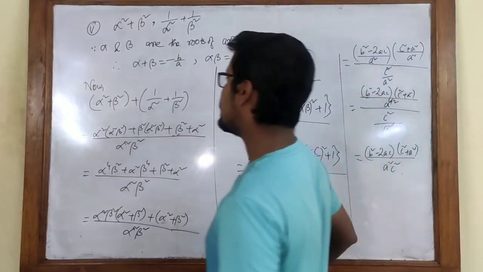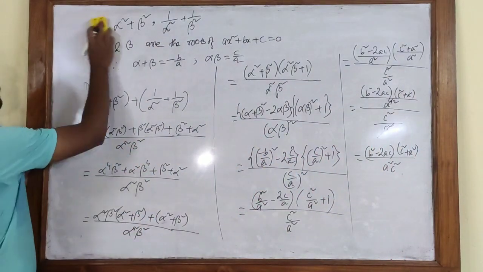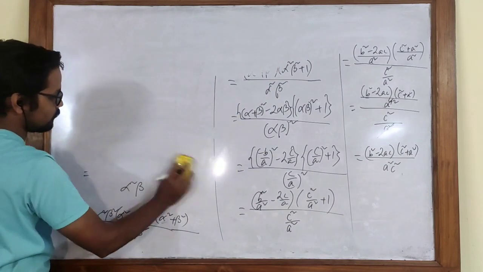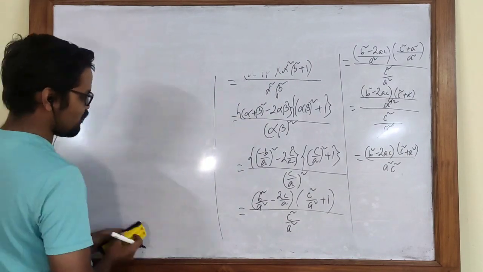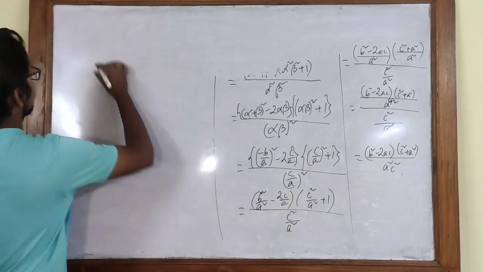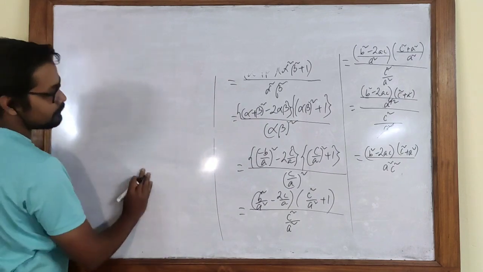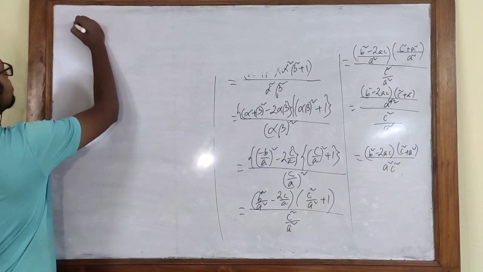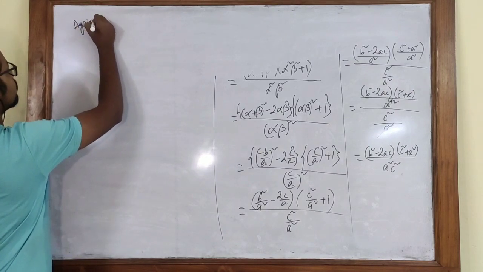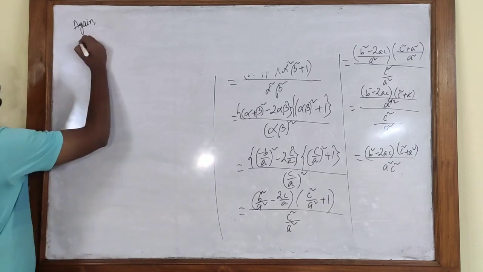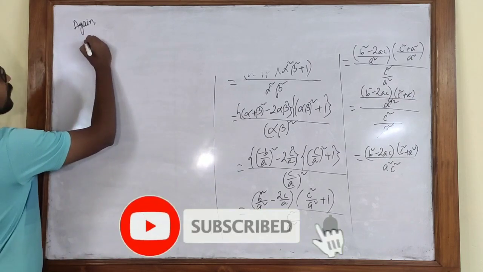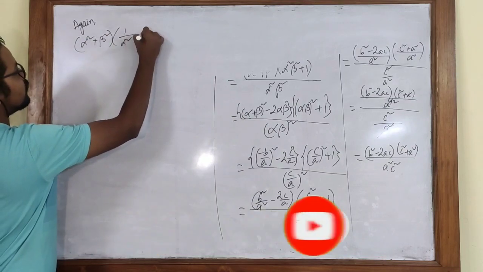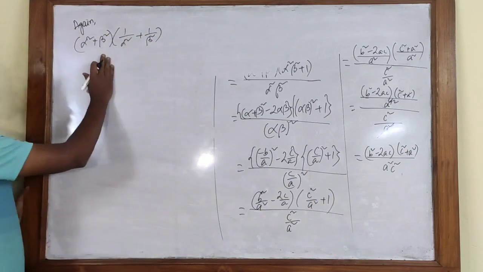Now let's try to find out the product. So let me erase this part. Okay, so now let's find the product. The product will be, again, the product of the roots. We will have alpha square plus beta square into 1 by alpha square plus 1 by beta square. This is the product of the roots.